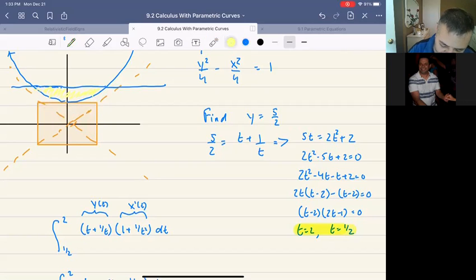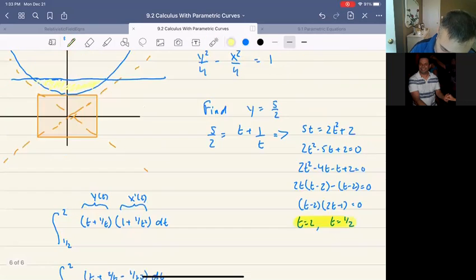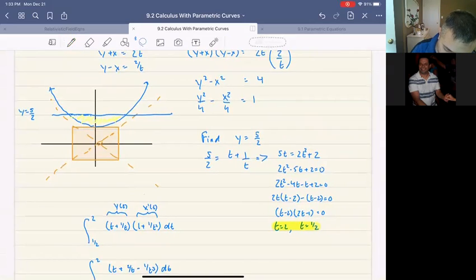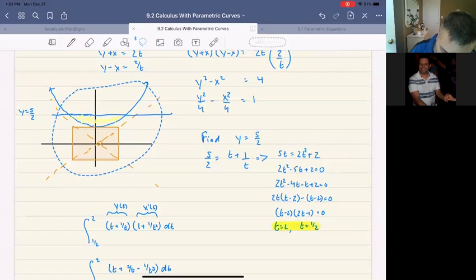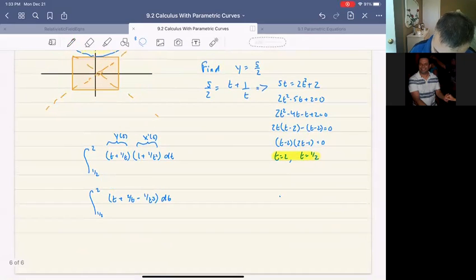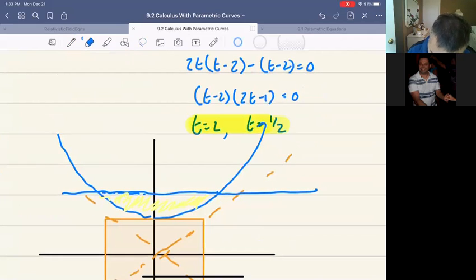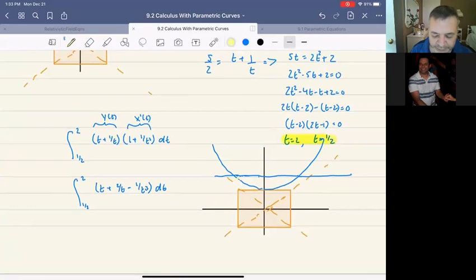So what we've calculated here, let me copy this, is calculating this area here.